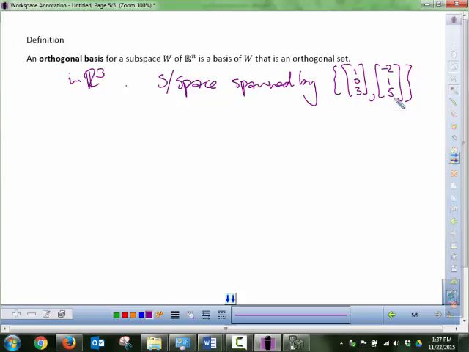Oh, I wanted to do this example after I give you the next theorem. Oh well, we're here. So is this an orthogonal set? They're linearly independent, but not orthogonal.